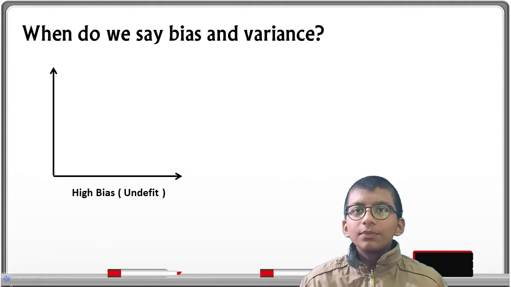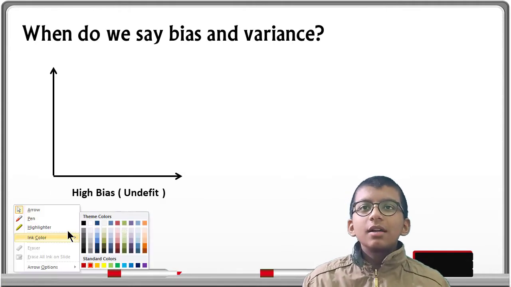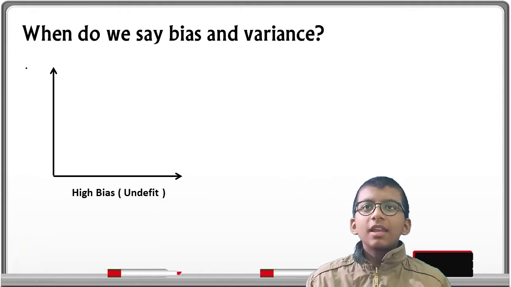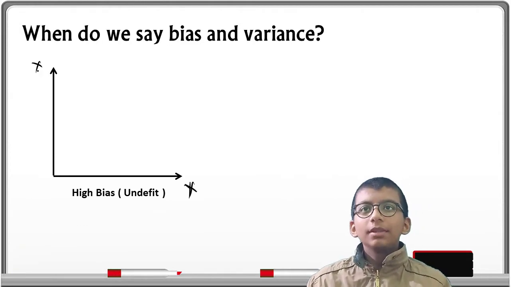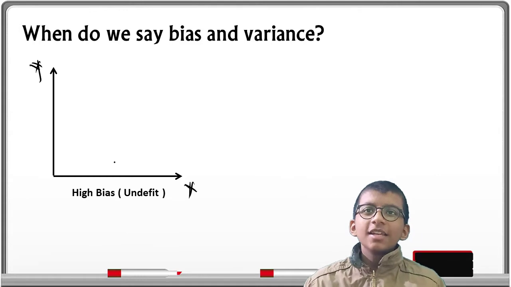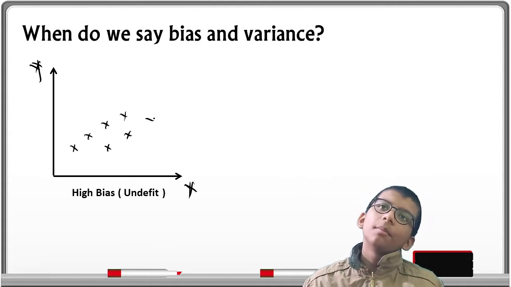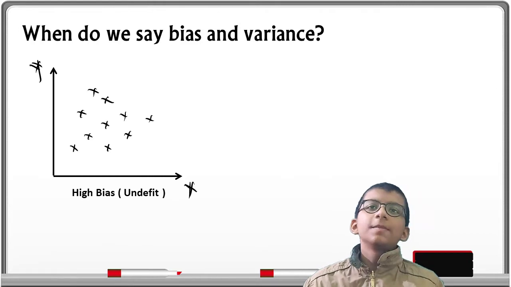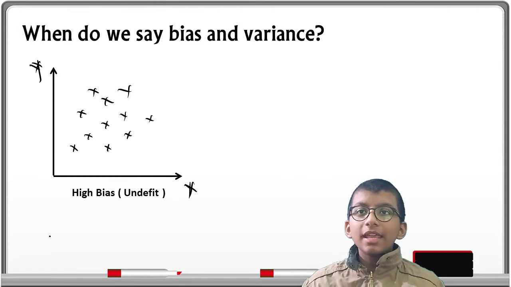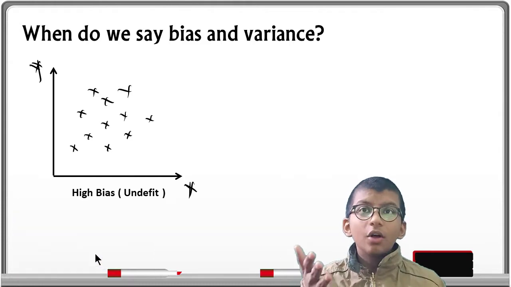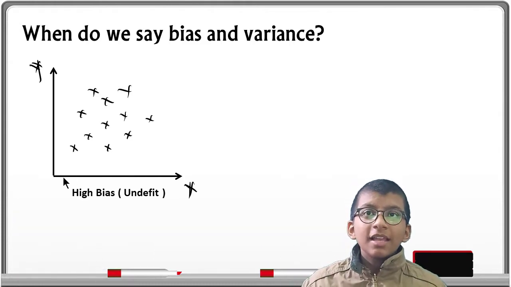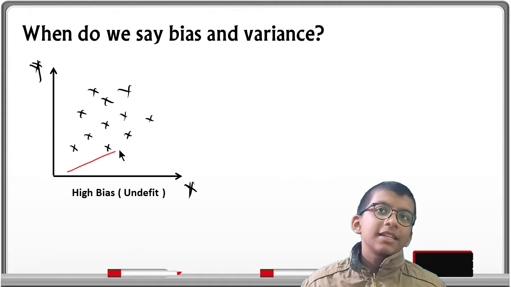First of all, this is my x and y plane, and these are some of my data points. If our model is unable to generalize well on this data, it simply forms a line, something like that.